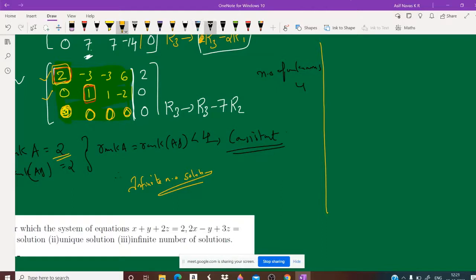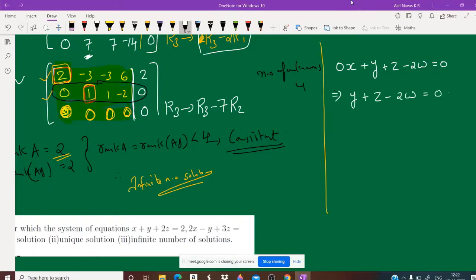So I will take this equation. From this equation, we have 0x plus y plus z minus 2w is equal to 0, which implies y plus z minus 2w is equal to 0.